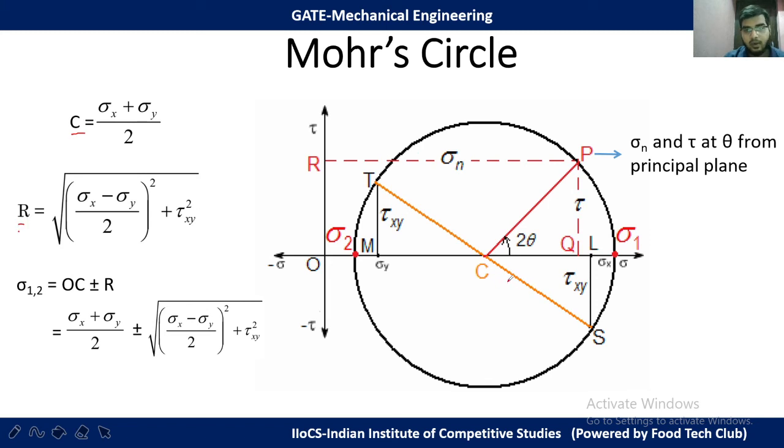So the radius of this circle can be found if we consider this triangle CSL.